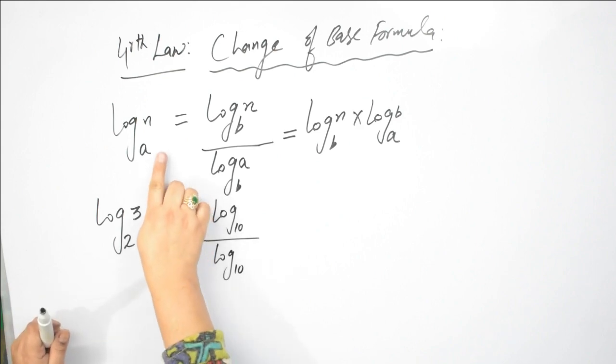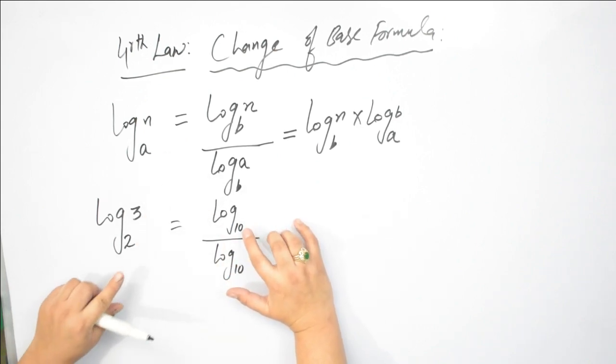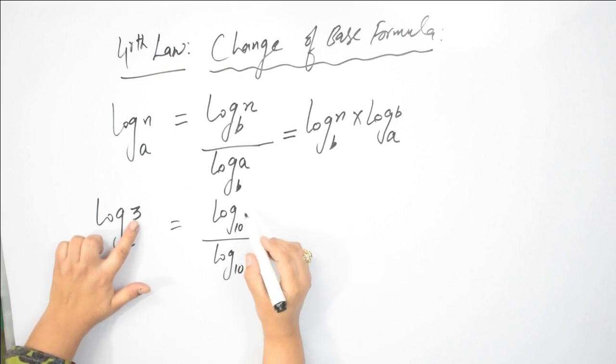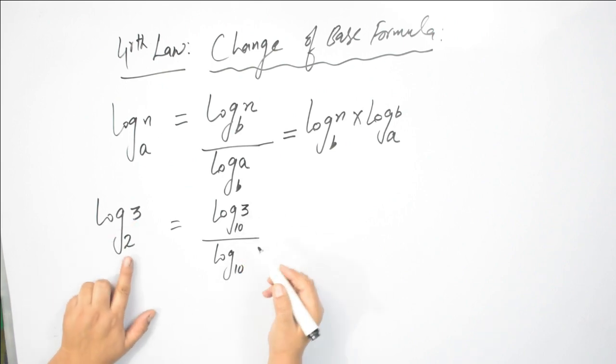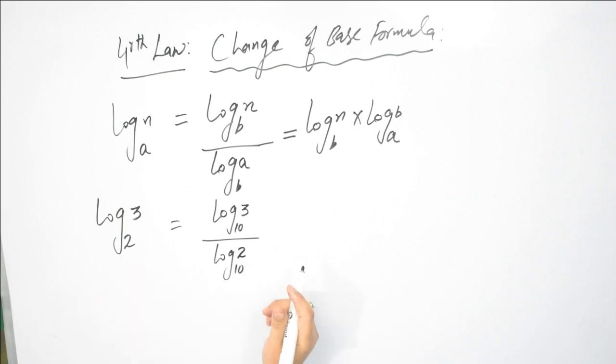This is the general form. So I write it two times, log to the base 10 in the numerator and log to the base 10 in the denominator. Here the number comes, and this base also becomes a number.